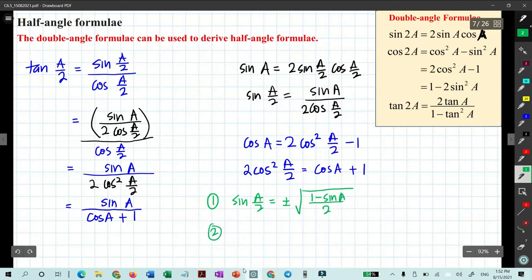The second formula is cos a over 2 is equal to plus minus square root of 1 plus cos a over 2. And finally tangent a over 2 is equal to sine a over 1 plus cos a.